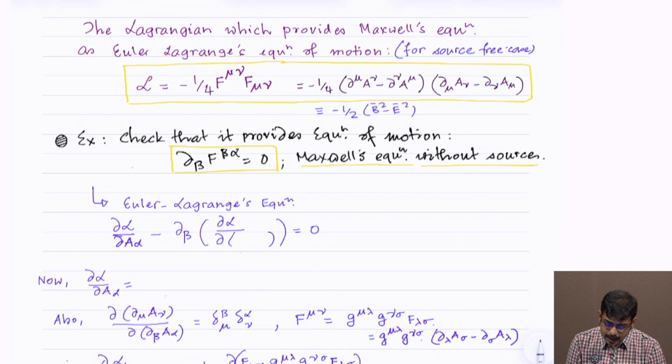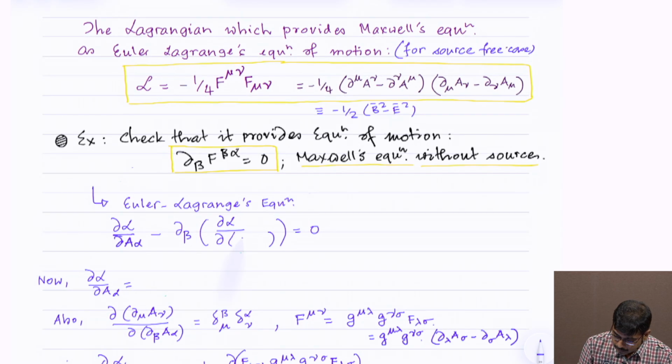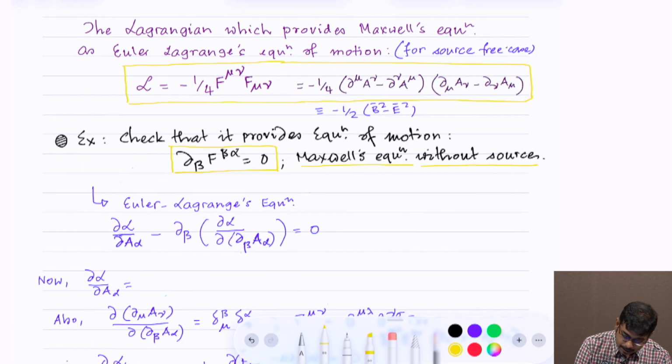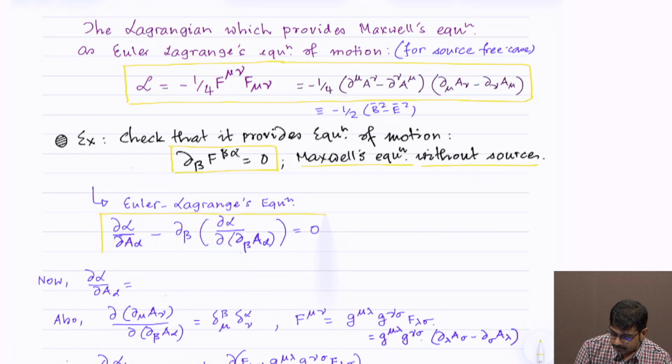So, what will be inside the parenthesis? This will be ∂L/∂(∂_β A_α), correct. So, this is the Euler-Lagrange equation that will be applicable to the electromagnetic field, A_μ or A_α, whatever you want to call it.